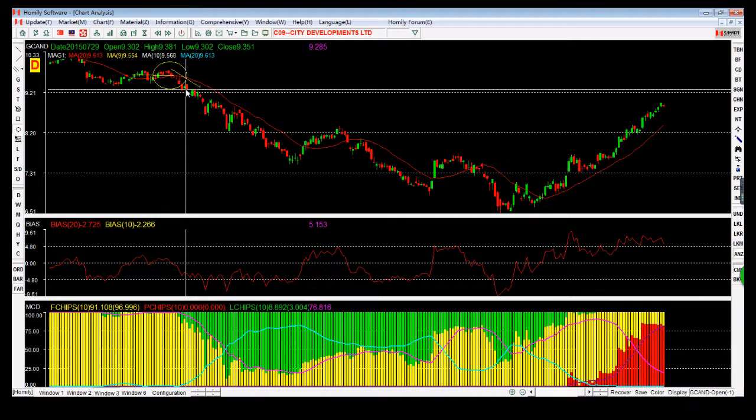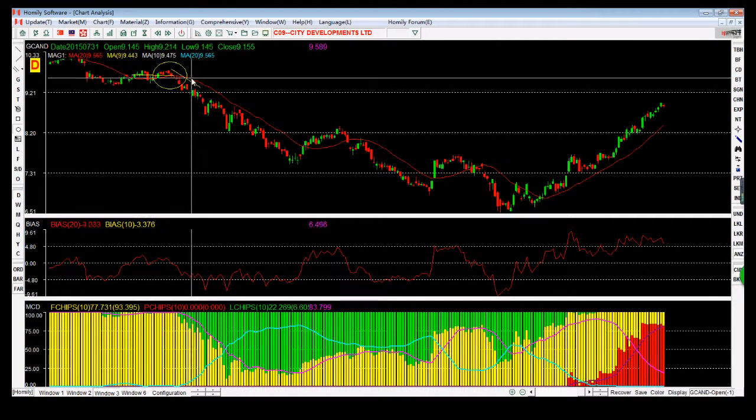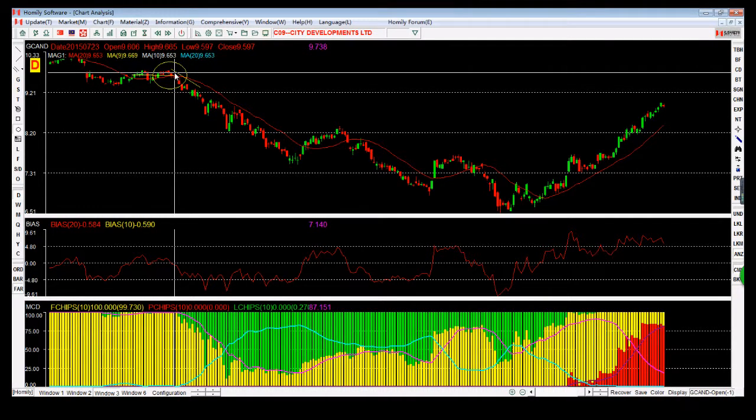The same holds true if the flattening out of the moving average or its decline occurs after the stock has passed downwards through the moving average. It's the first sell point.